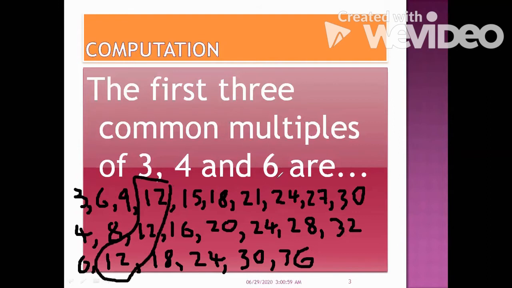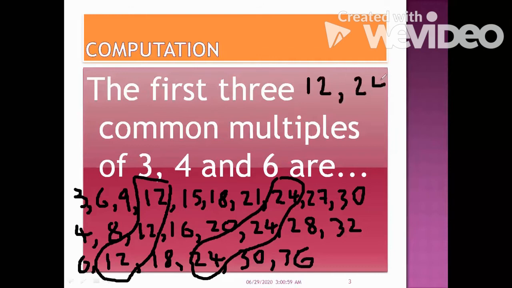And then we have 24, which is our second common multiple. I'm just double checking 18. No, not 18. So the first two common multiples of 3, 4, and 6 are 12 and 24.